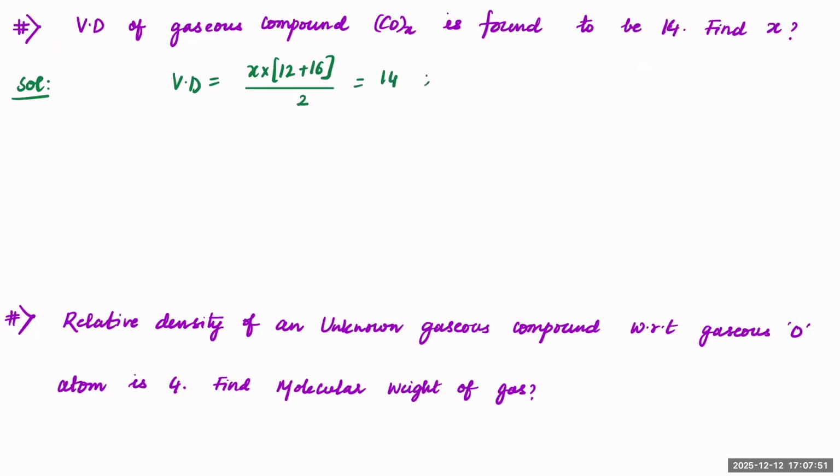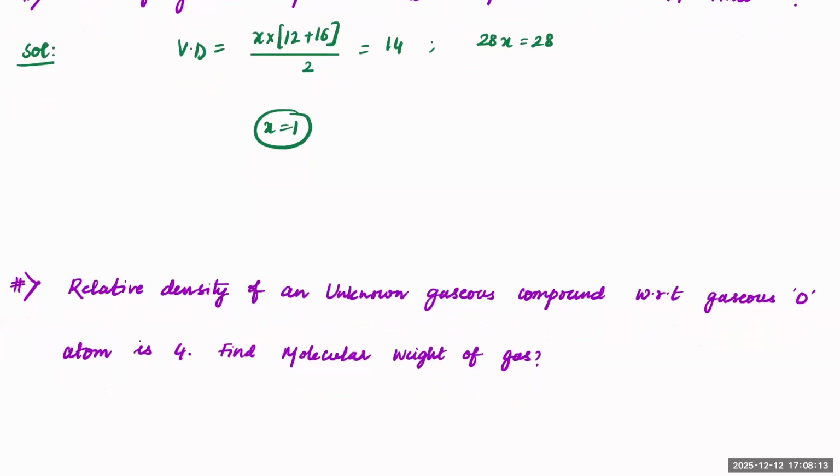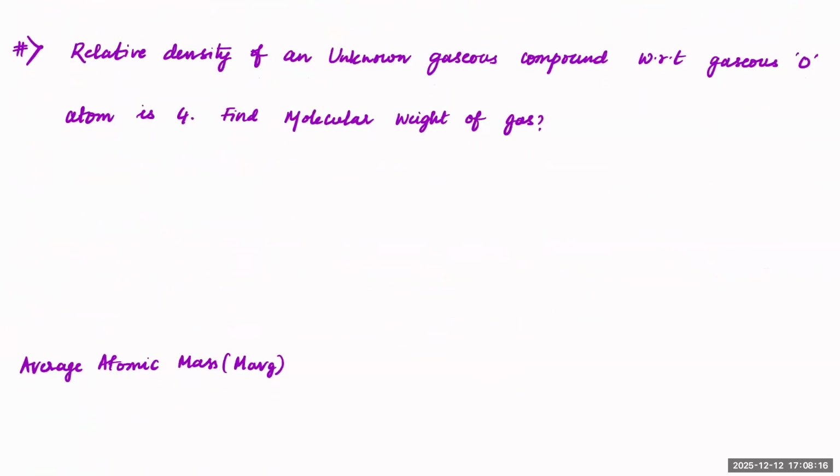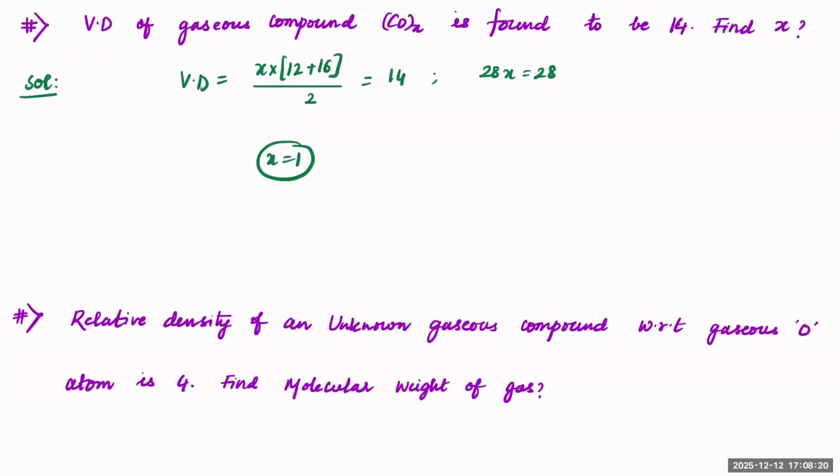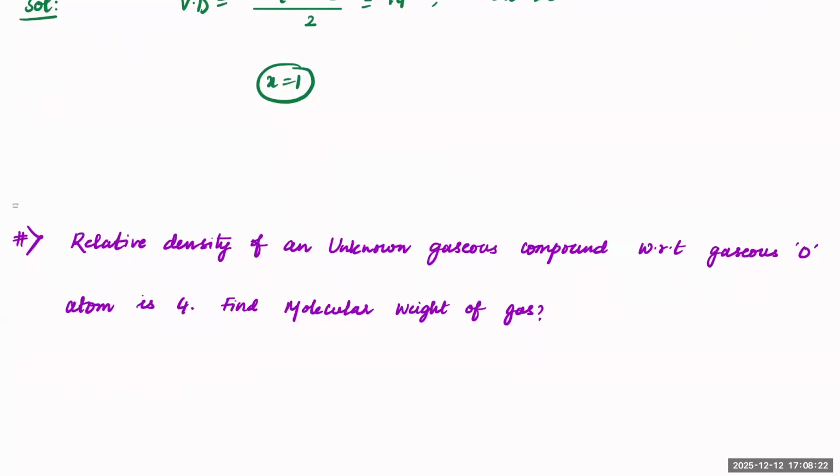So 14, so 28 into X is equal to 28. So X is equal to 1. So this is about carbon monoxide, right? Is that okay?